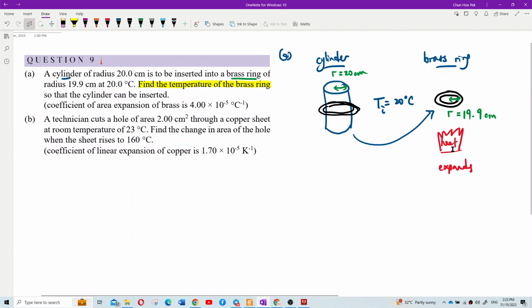Only the brass ring is heated up, so its temperature will increase. When the temperature of the brass ring increases, its radius will also increase until you can fit the brass ring onto the cylinder. Understand, class?